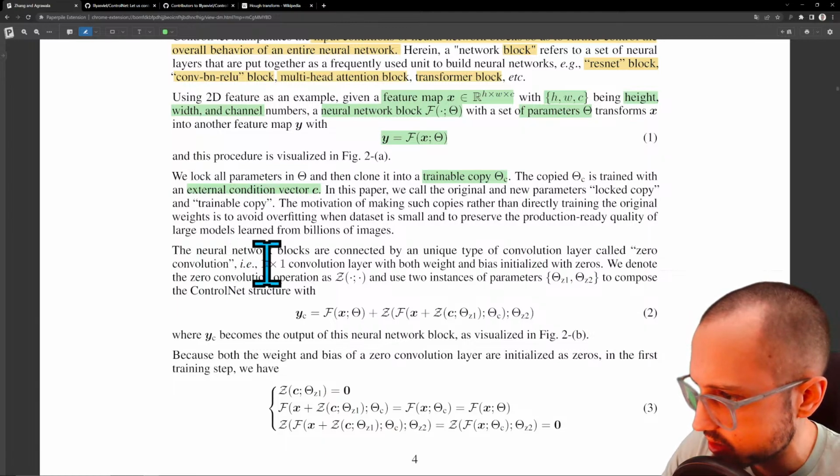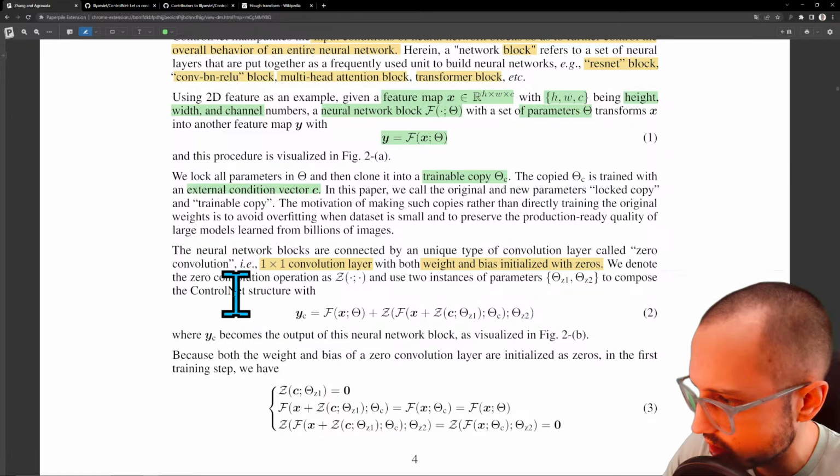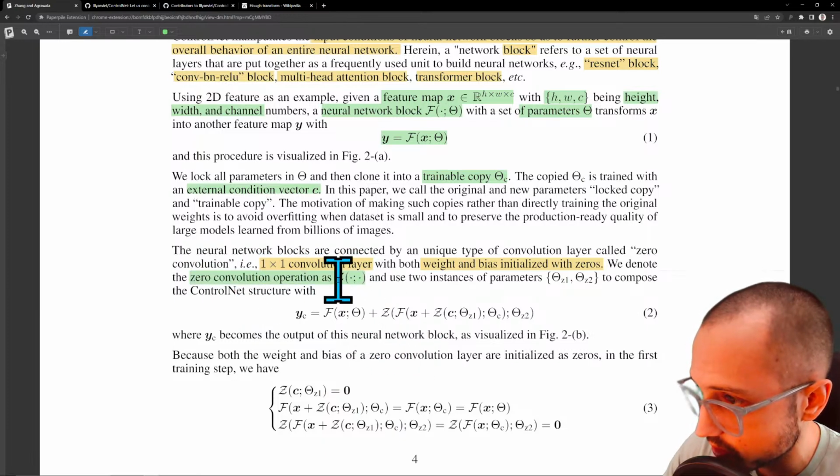The neural network blocks are connected by a unique type of convolutional layer called zero convolution, a 1x1 convolution with both weights and biases initialized with zeros. We denote the zero convolution operation as Z. This is going to be their special zero layer. Use two instances of parameters to compose the ControlNet.